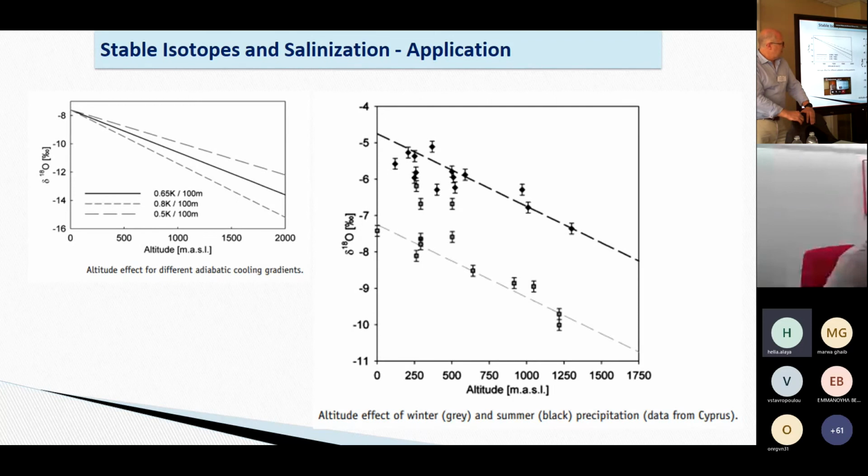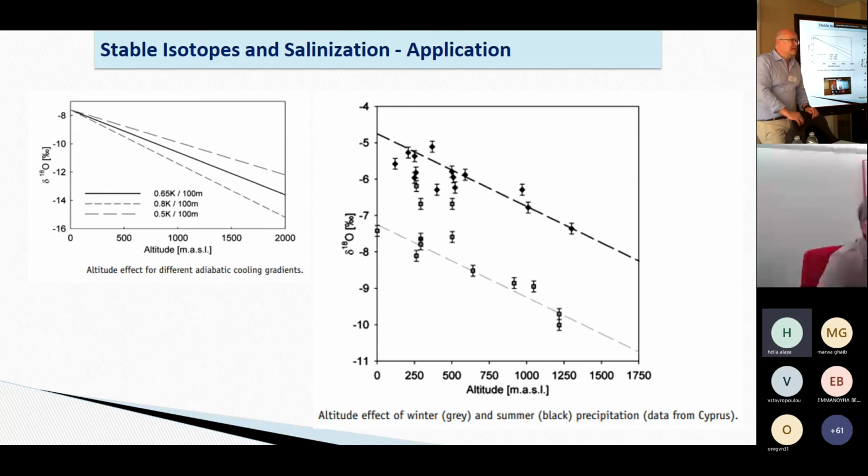So doing this, for example, if we have a site with saline water, we have corrected the original isotopic composition, we can actually recreate the elevation at which the groundwater was recharged and created. Yeah?